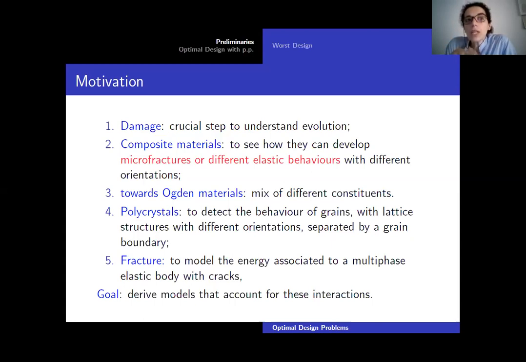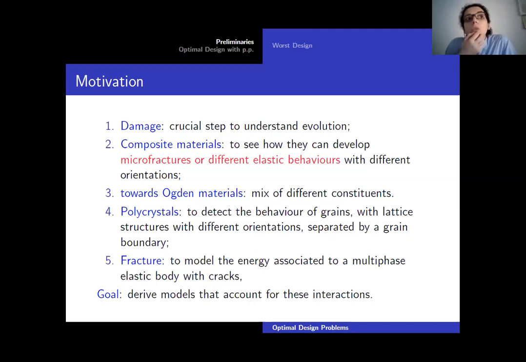The motivation essentially came from some applications, and essentially these problems can be seen as a way of understanding evolution, even in damage, or to understand how composite materials, let's say, adjust in order to find a good equilibrium configuration.